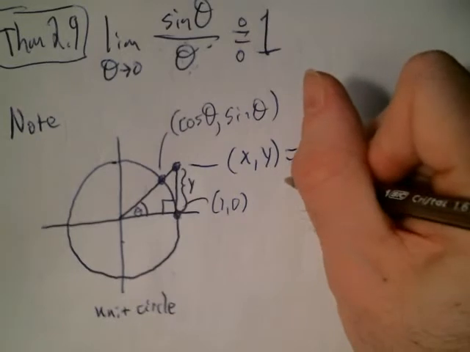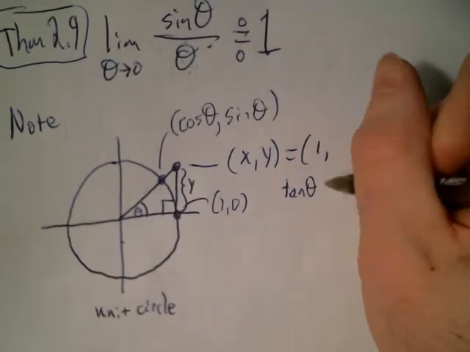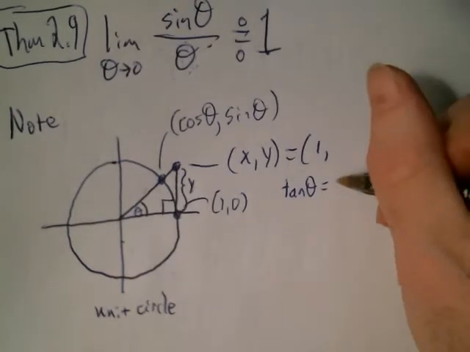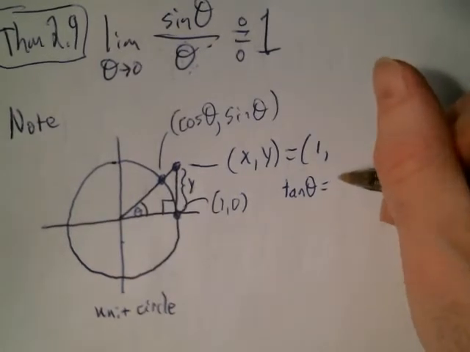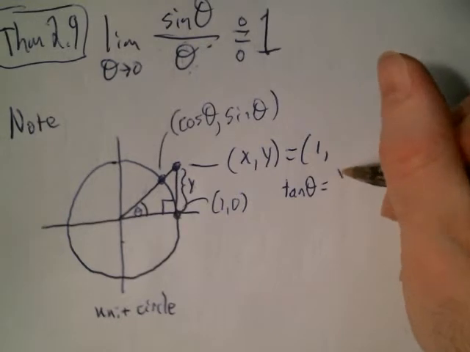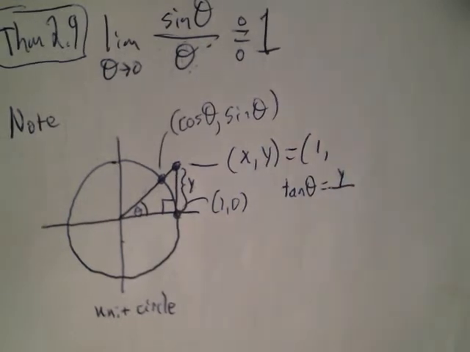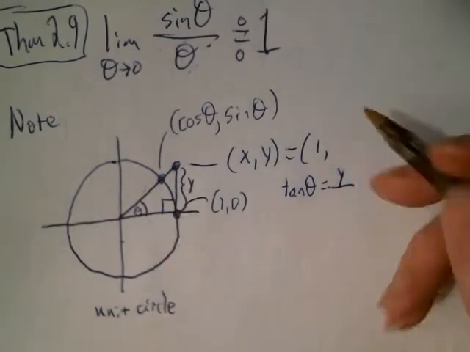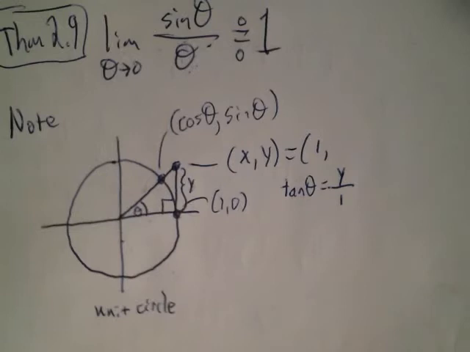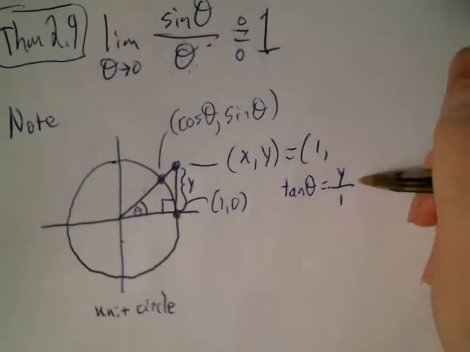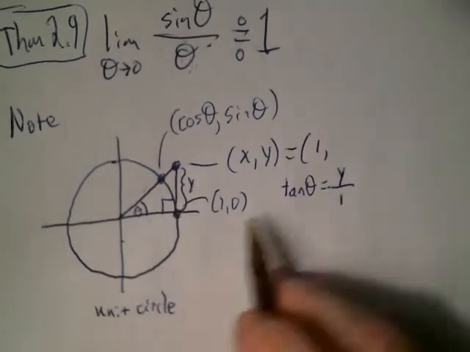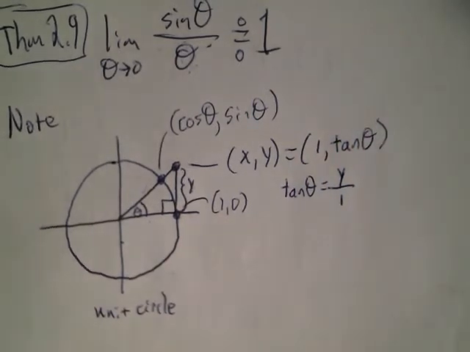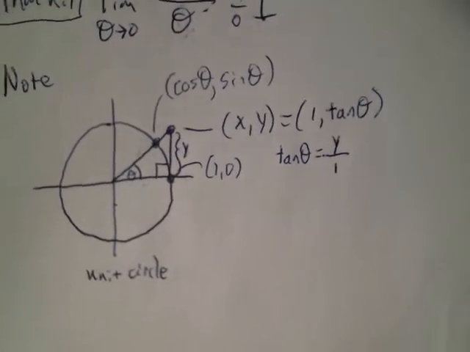Note, tan of theta is equal to opposite over, sorry, I ran into a problem, it's opposite over adjacent. So tan of theta is equal to y. It's this distance here, so we can write this coordinate as 1 comma tan theta. Okay, sorry, I hope I didn't butcher that too much.